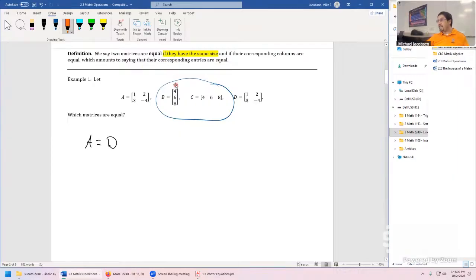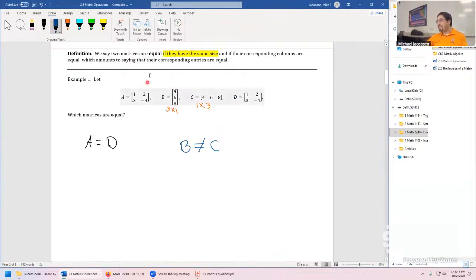So when we look into the size of this one, it has 3 rows and 1 column, so this is 3 by 1. When we look into the size of this one, it's 1 row and 3 columns, so it's 1 by 3. That would tell us they have different sizes, and so they're not equal. B is not equal to C, despite them both having 3 entries.